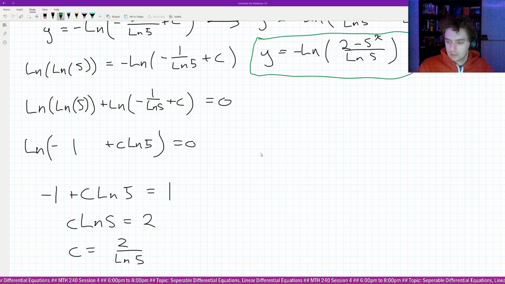So y prime equals 3x squared times y squared plus 4. So our f of x is 3x squared, and our g of y is y squared plus 4. It's going to be the integral of 1 over y squared plus 4 dy equals the integral of 3x squared dx.